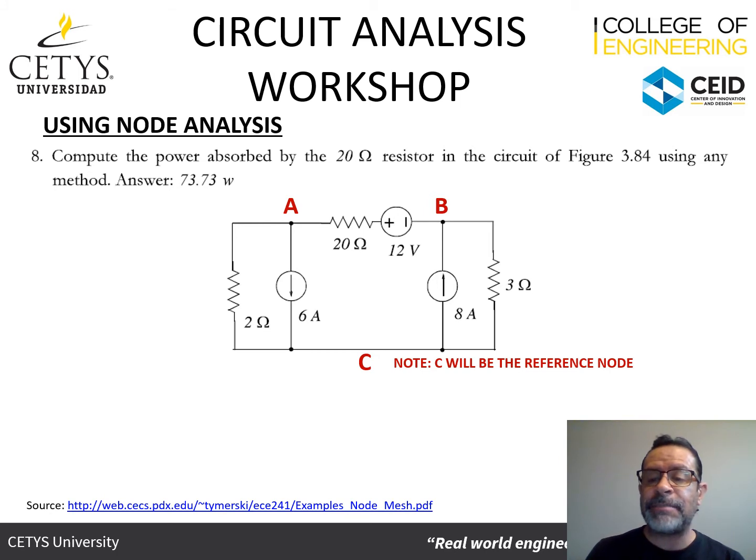Now, what does this mean? This means the following. C is going to be the reference node, so C is going to be the negative point when I measure a voltage. Okay? That means that if I measure a voltage from A to C, or the voltage in A, this is going to be the positive reference, or the positive point.